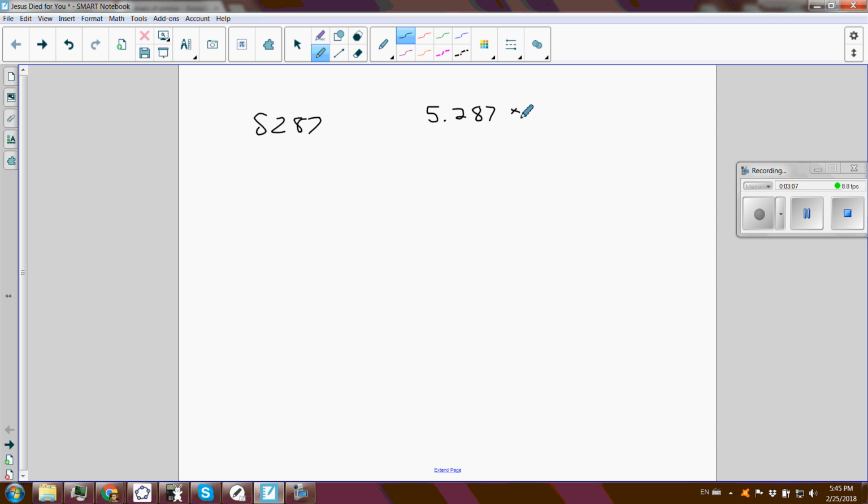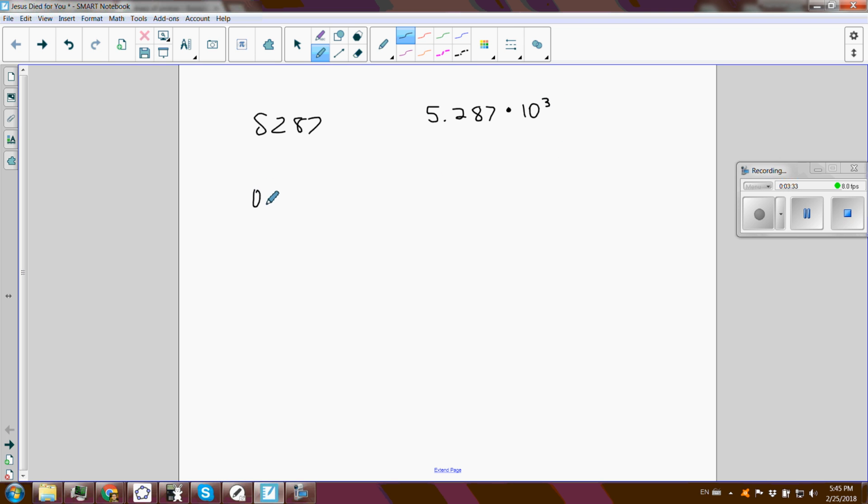So we ask ourselves, how many times do you have to multiply 5.287 by 10 to get 5,287? Well, the decimal had to move 3 places to the right, so it got multiplied by 10 three times, by 10 to the third.